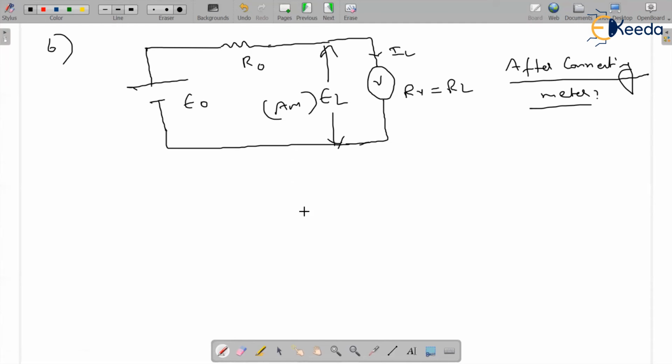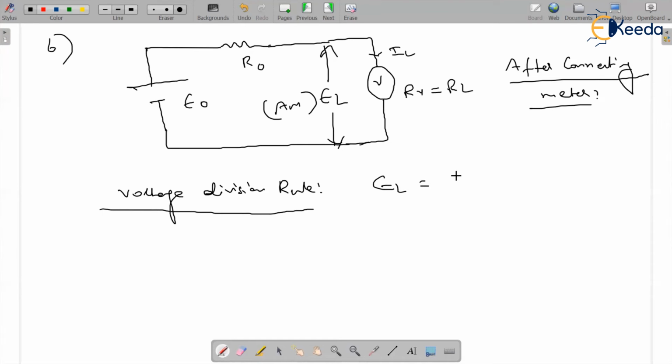So EL is equal to what? I am applying the voltage division rule, not more than that. EL is equal to E naught into RL by RL plus R naught.